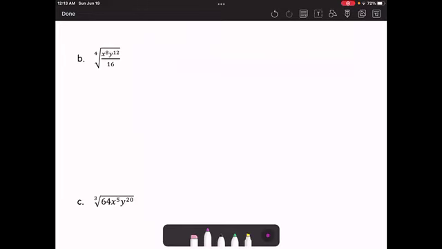To simplify the fourth root of x to the 8 times y to the 12 divided by 16, we use the property that the n root of the quotient is the quotient of the n roots, and the n root of the product is the product of the n roots. So we can rewrite it as the fourth root of x to the power 8 times the fourth root of y to the 12, all divided by the fourth root of 16, and then break up the powers of x and y into multiples of 4 and remainder.